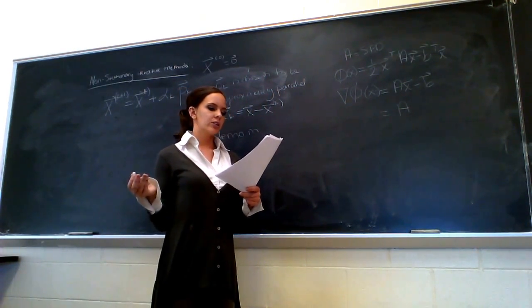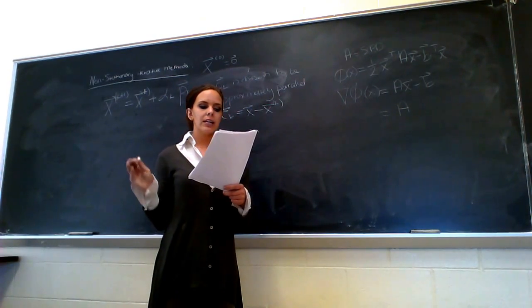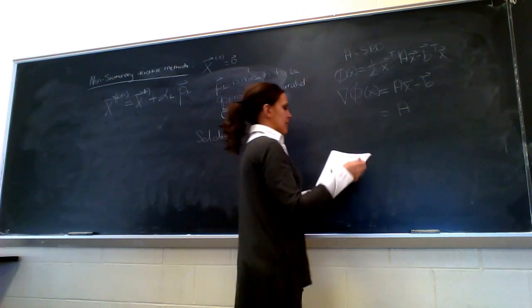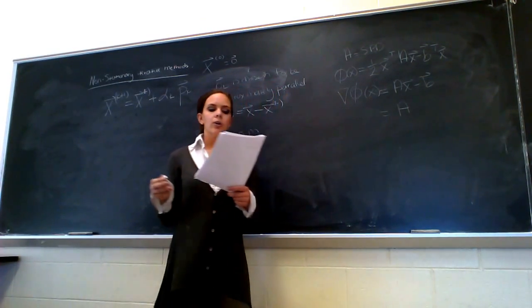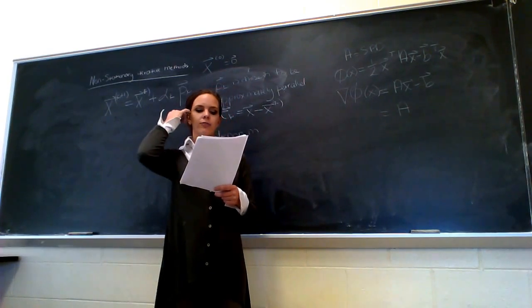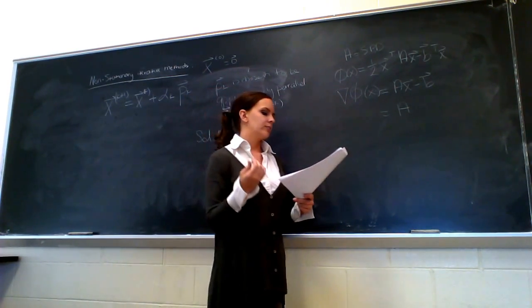Because A is symmetric positive definite, it follows that the unique minimizer of phi is a solution to Ax equals b. So all of this is telling us that we can use techniques for minimizing phi to solve Ax equals b.